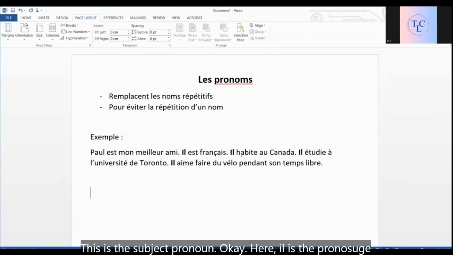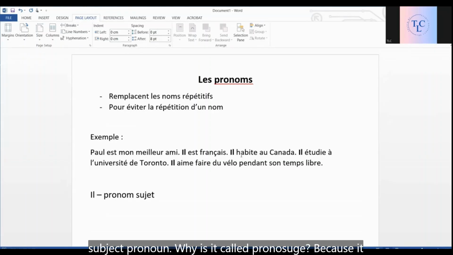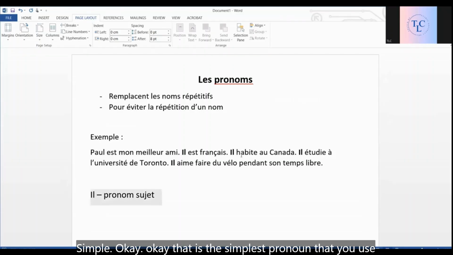Okay, here il is the pronom sujet, subject pronoun. Why is it called pronom sujet? Because it replaces the noun which is a subject. Okay, it is a pronoun that replaces a subject, so it is called subject pronoun. Simple. Okay, that is the simplest pronoun that you use.